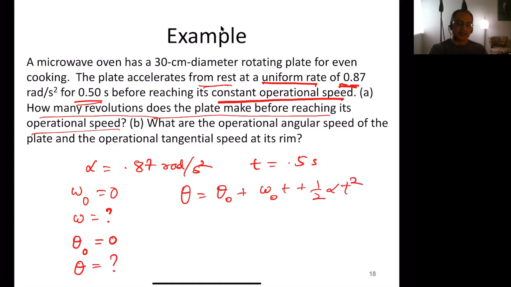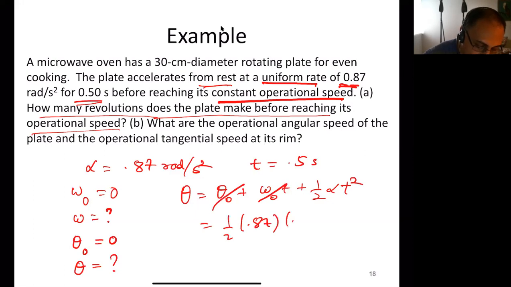So all you have to do is plug in everything. Theta initial is 0, omega initial is 0, so we just need to do half times 0.87 times 0.5 squared. That will give us our final theta in radians. We just need to convert it into revolutions, so you divide that by 2 pi and make it into revolutions.